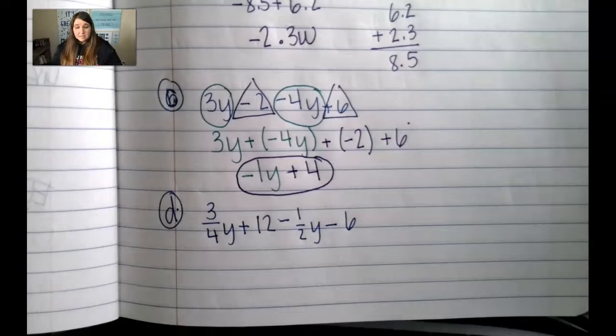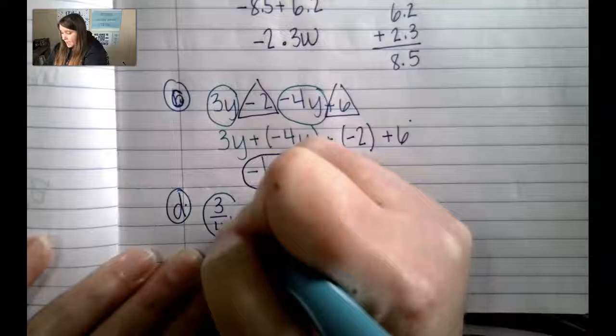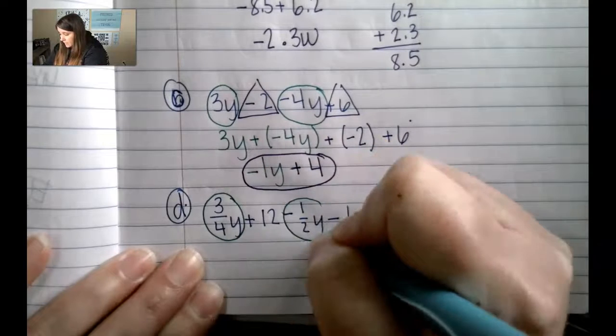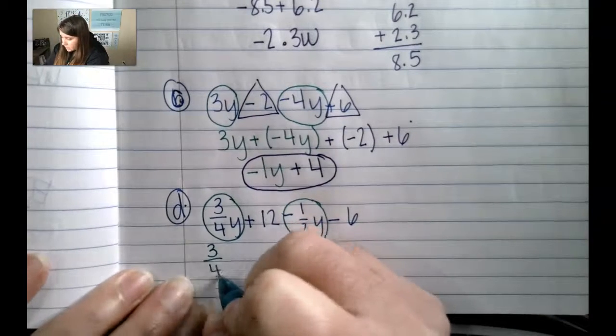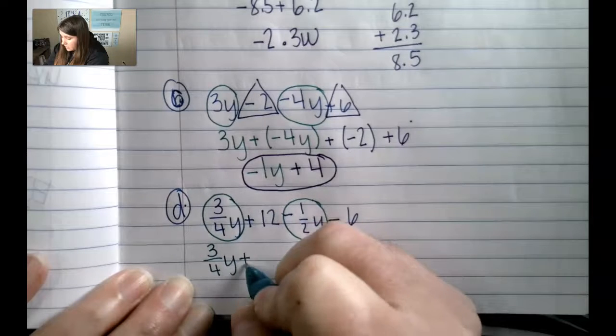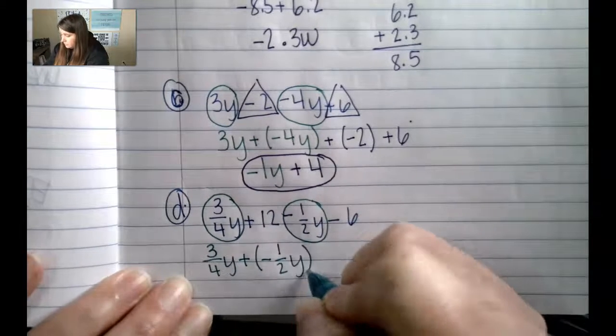When you look at this, it might look kind of overwhelming. So first, let's start just by looking at the like terms. This has a y, and this one has a y. So again, we're just going to rewrite this as 3/4 y plus negative 1/2 y.